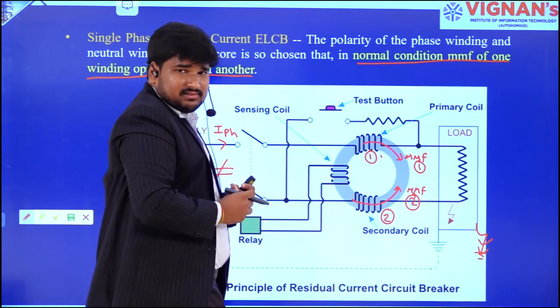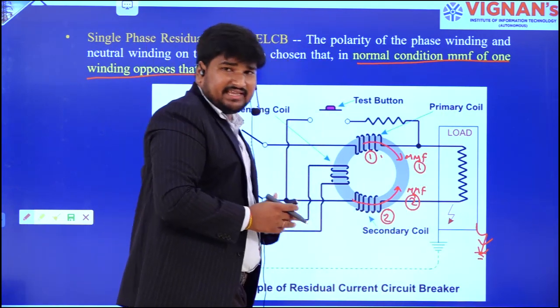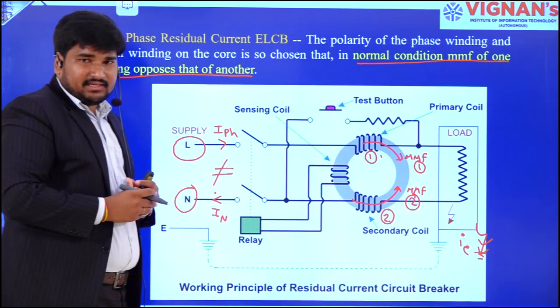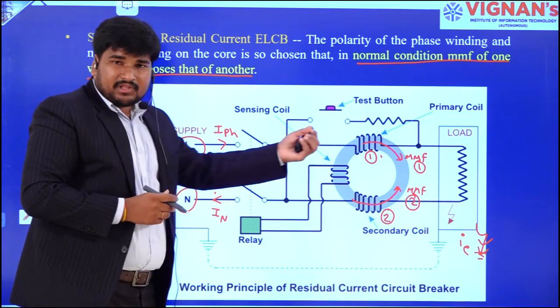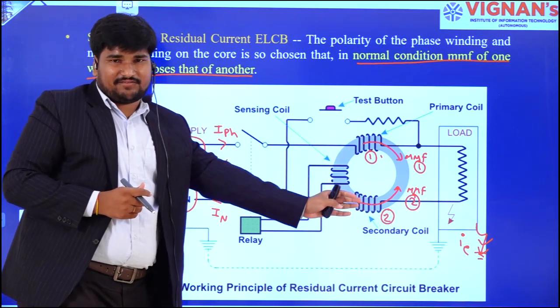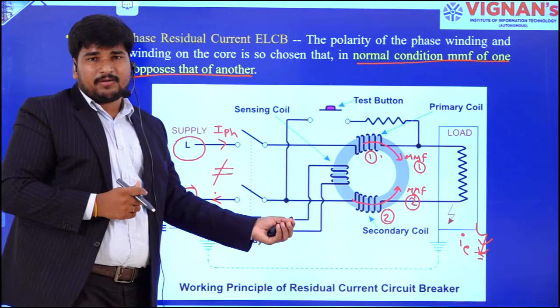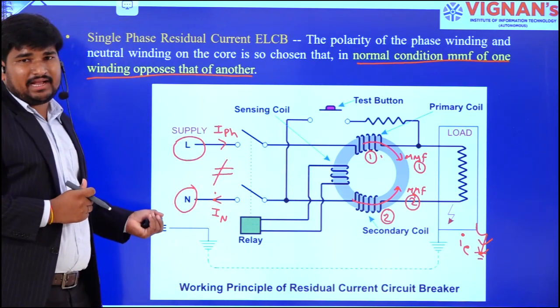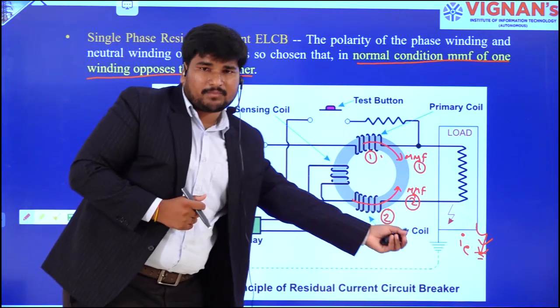I indicate it as IE. Because of KCL, Kirchhoff's current law, the incoming current is not equal to the outgoing current whenever there is an abnormality.